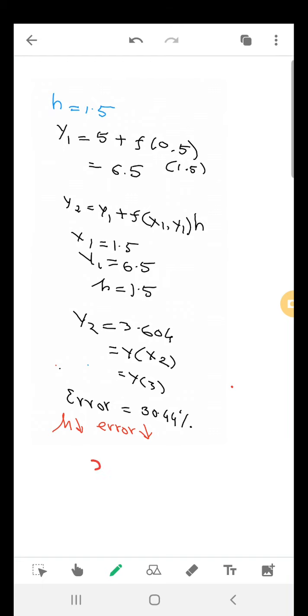Since the true value was 2.7, by taking 1.5 we see that the error is smaller; this is the value y2, and it has come close to this value. So it shows that as we reduce the value of h, the error also reduces.